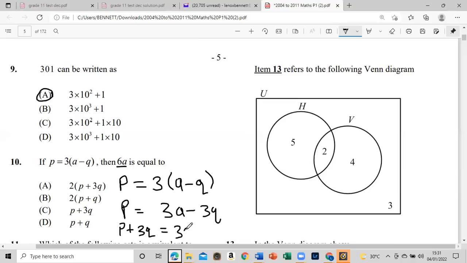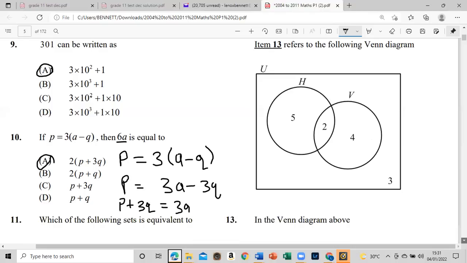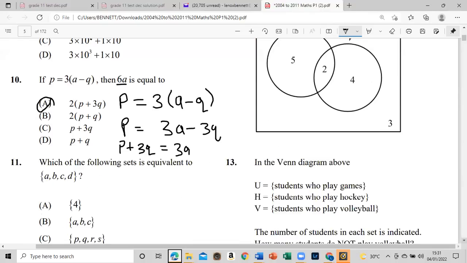That will be 3A, right? But with 6A, double 3A. So it would be this. Hope you guys get the understanding. I almost thought it was a crazy question one at a time. I wrote it on another paper.